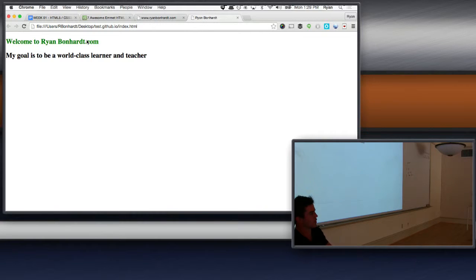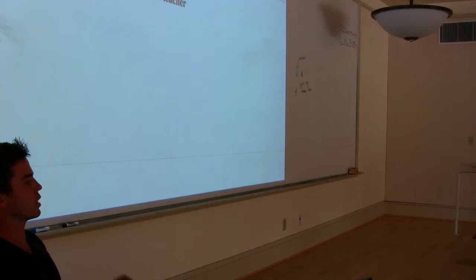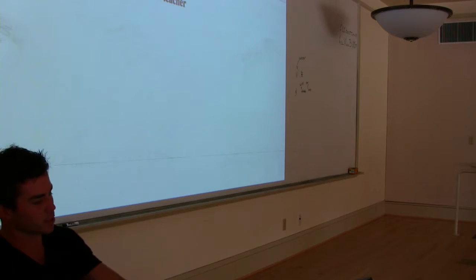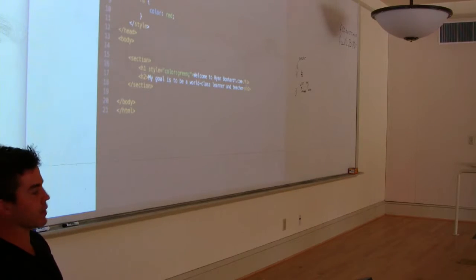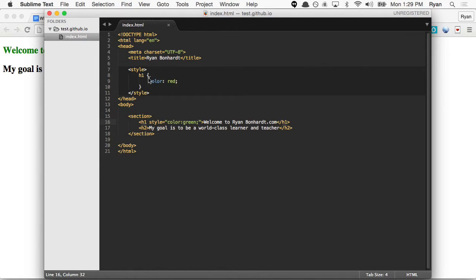The more specific a rule is, the more precedence it takes. So when we put it up in the header and say all H1s have a color of red, that says all H1s are red. However, when we go down into the code and do an inline tag, that's saying just for that H1, we want it green.